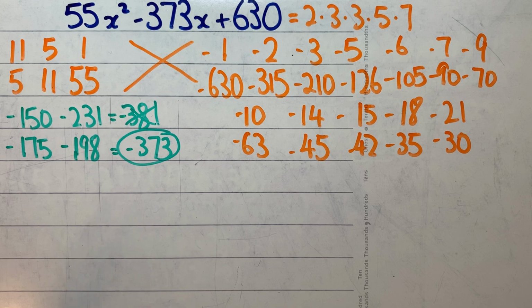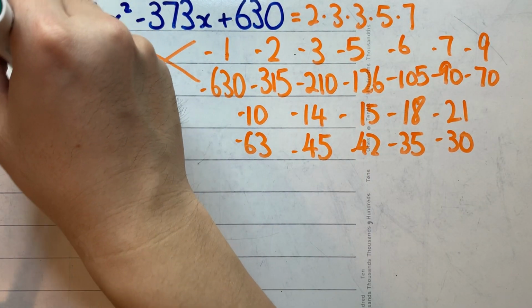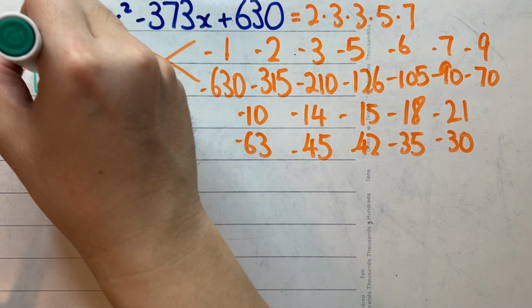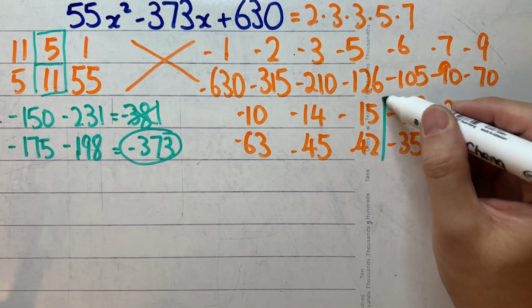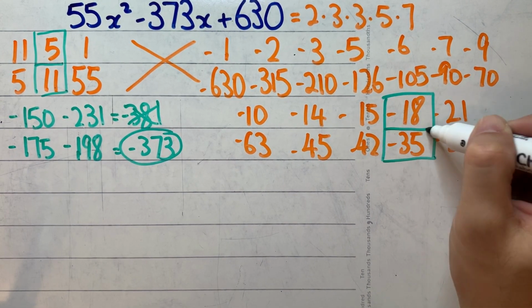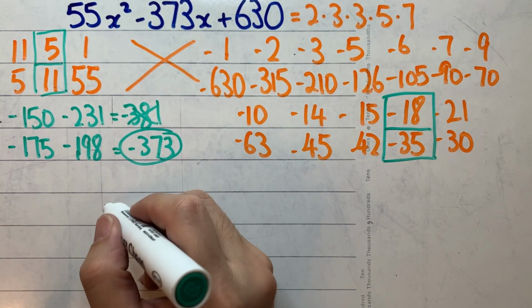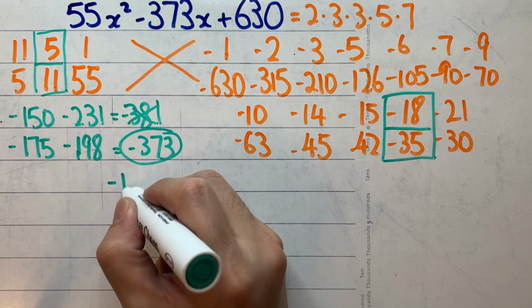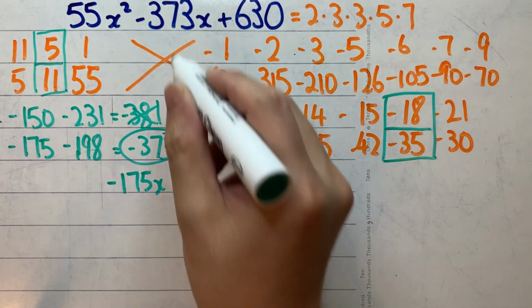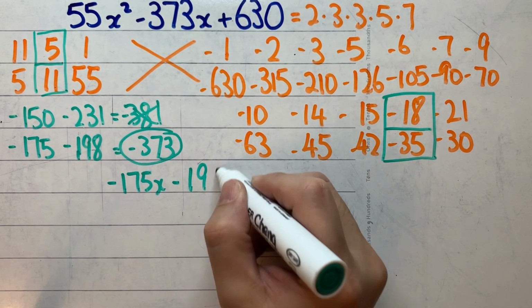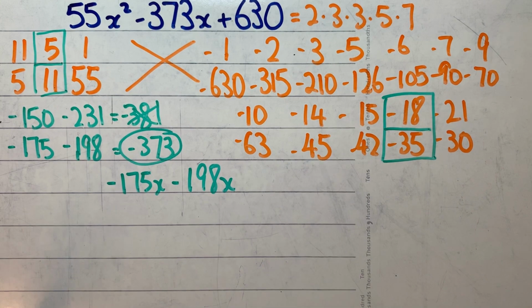So that means we can break down the 373 into minus 175x minus 198x.